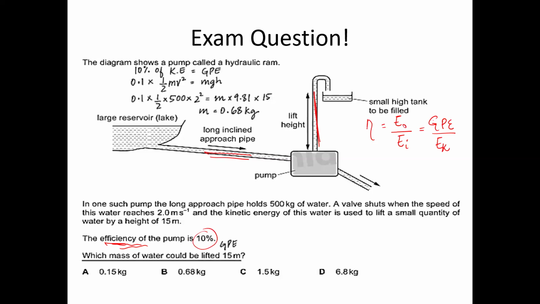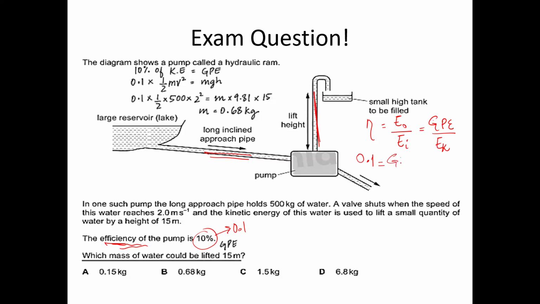The efficiency provided to us is 10%. We are not writing this whole formula in terms of percentage, so we can convert this percentage into a simple value. 10 divided by 100 will be equal to 0.1. So the efficiency value is 0.1.